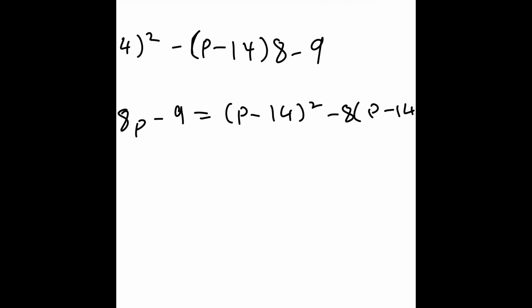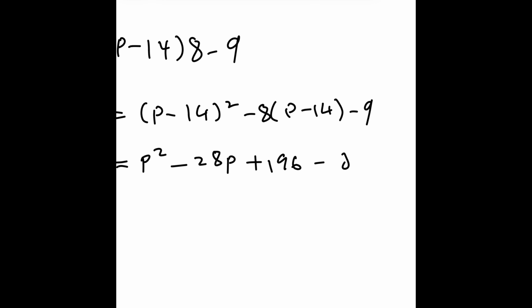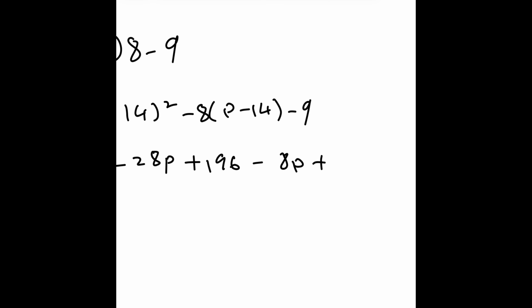Right. So let's actually expand the right-hand side because it doesn't look very good right now. Let's do p squared minus 28p plus 14 times 14, which is 196, minus 8p plus 112 minus 9.